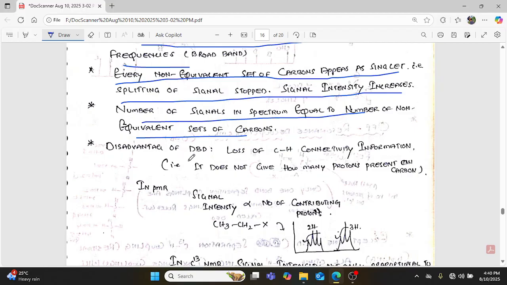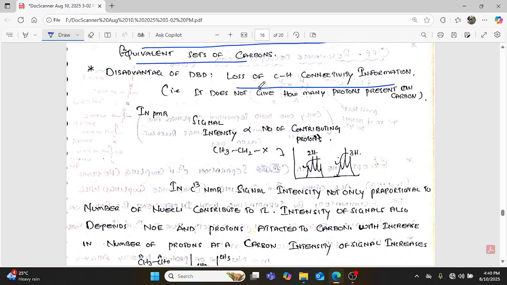The disadvantage of broadband decoupling is what? We completely remove the CH interaction, so there is loss of CH connectivity. In proton NMR, signal intensity is directly proportional to the number of contributing protons, but that is not the case in C13 NMR.